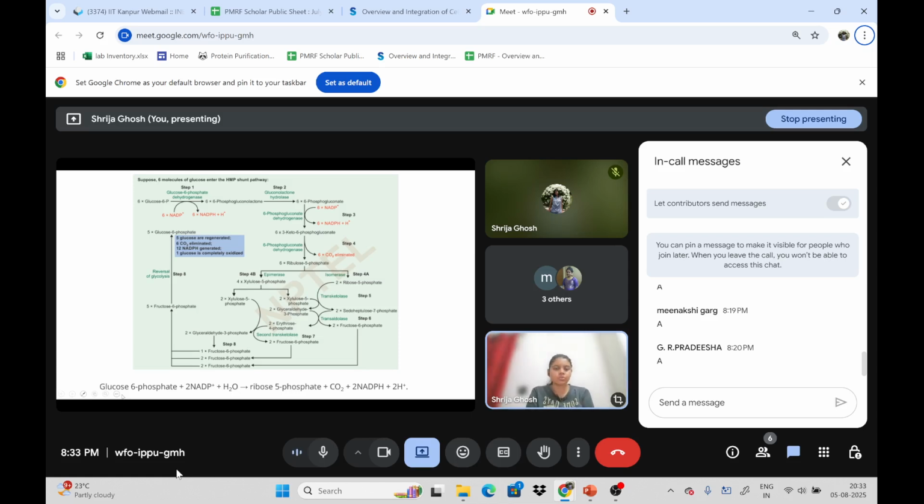Then we discussed the Cori cycle. Then we moved to HMP shunt pathway, which I explained to you right now. So if you have any doubt in any of the pathways and any of the regulation, how it is happening, please ask. Then we can have a discussion on that. Do you have any doubt?